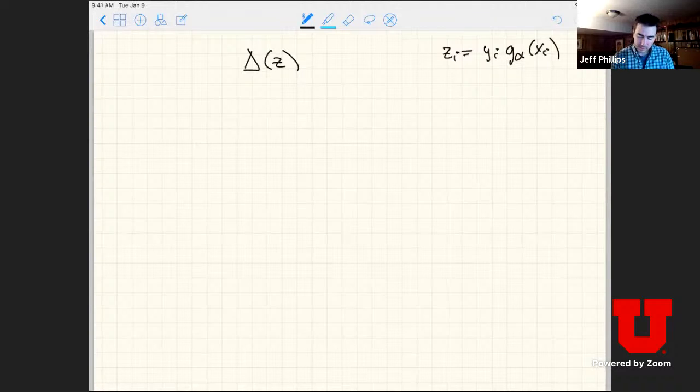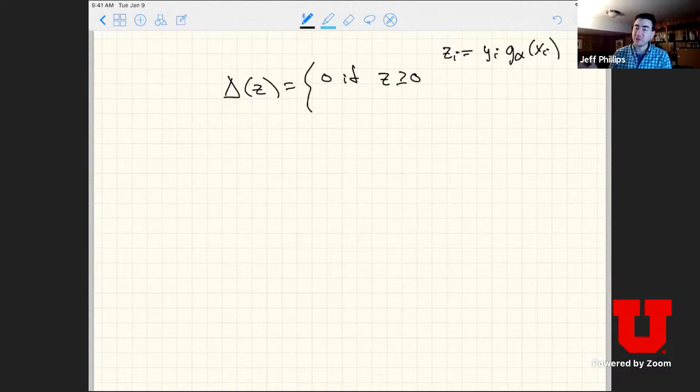It's 0 if z is greater than 0, right? I classified it correctly. If z is greater than 0, then that's great. And it's 1 if zi, this is delta of zi on the ith point, is less than 0, right? So I can have this delta function for a single point now.